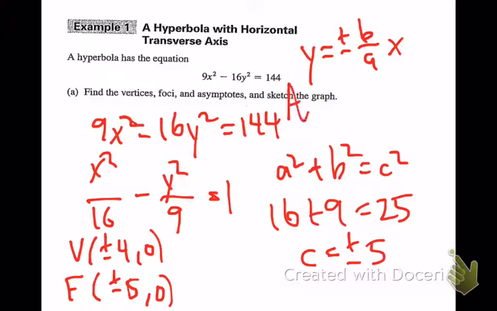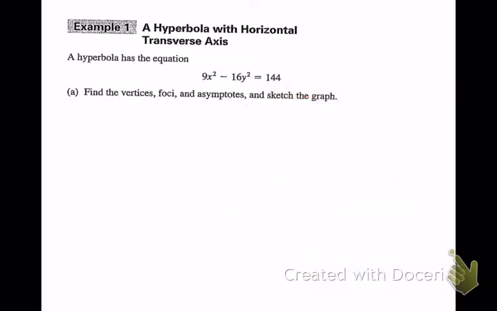So then the asymptote is y equals positive negative 3 over 4 x. Everybody has it? Everybody got it? Alright, so then we'll graph it.